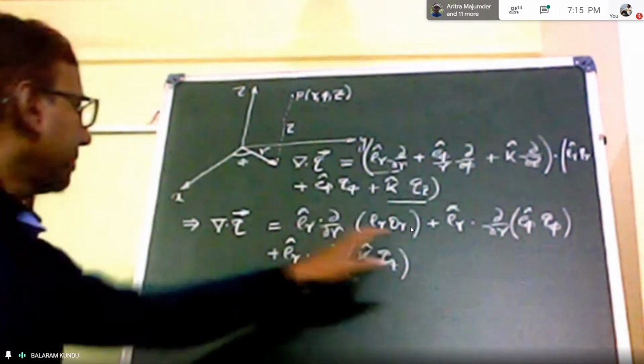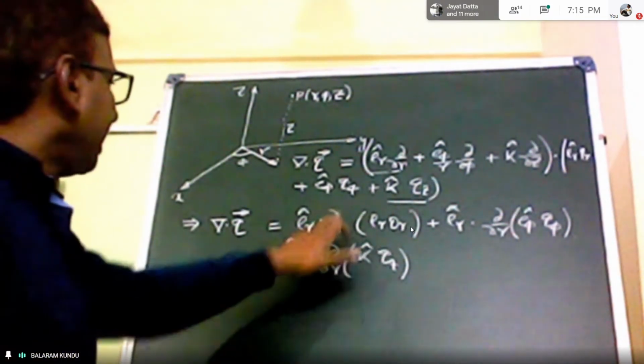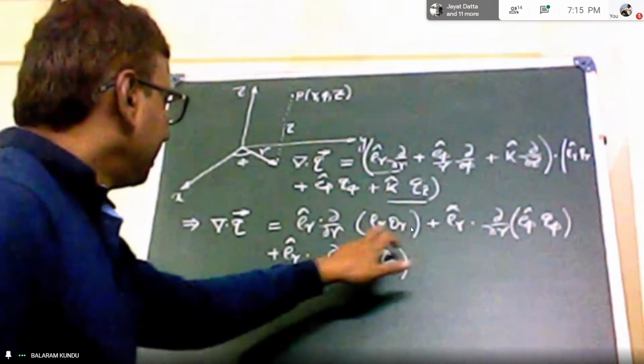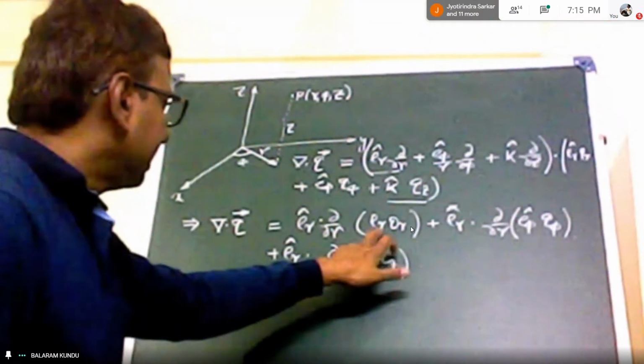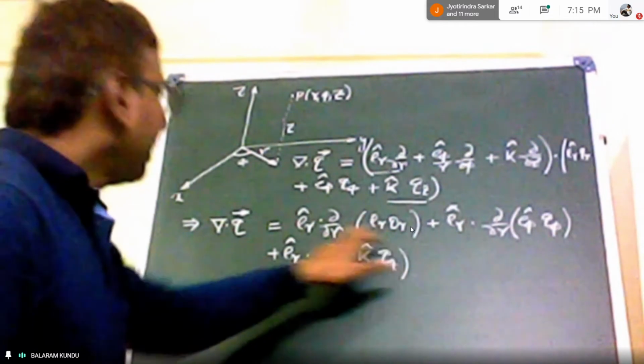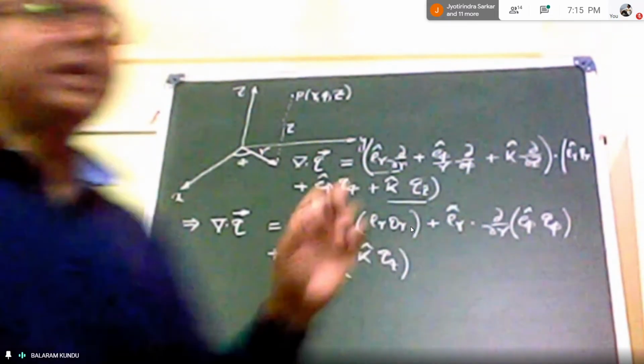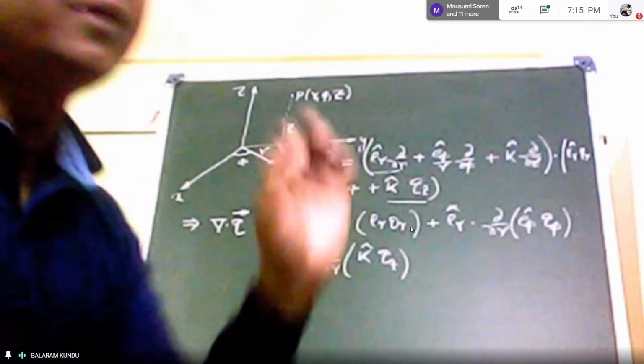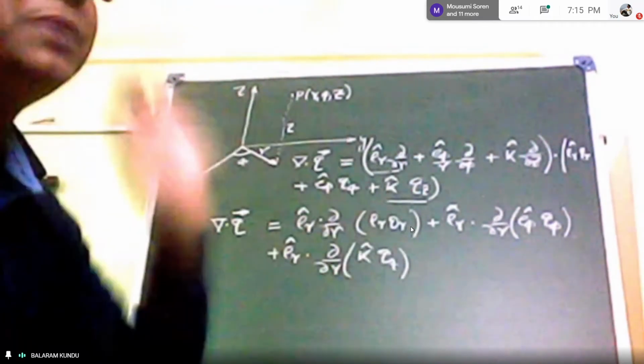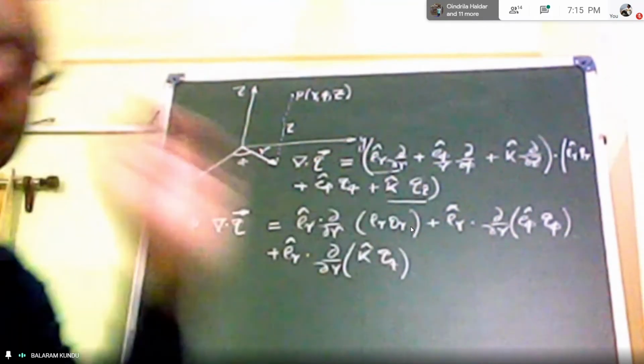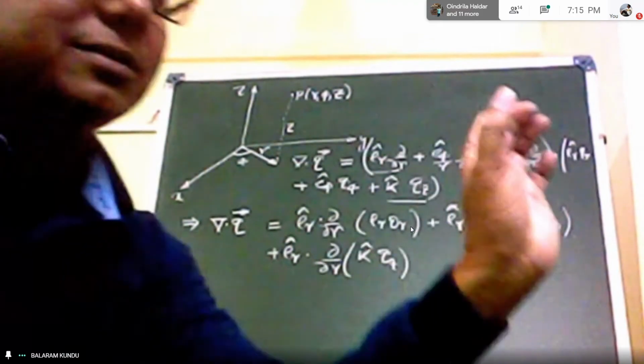So the first term here is e_r dot del by del r of e_r q_r. That means if we differentiate this, del e_r by del r. If it is e_r, then it will be 1.